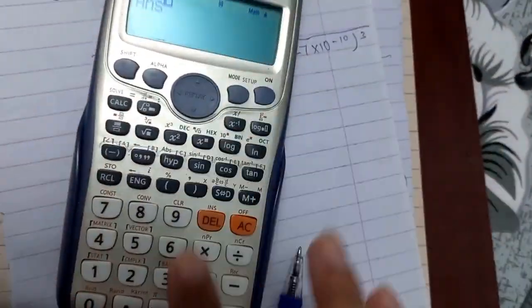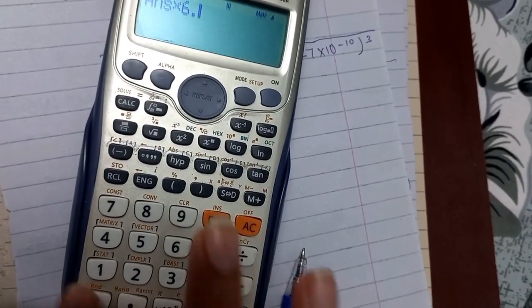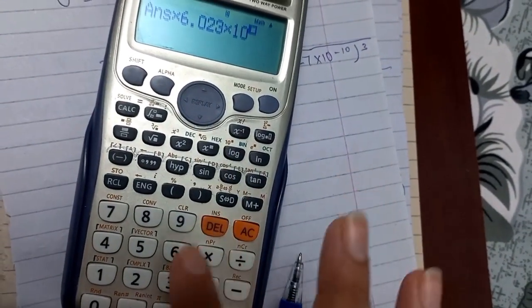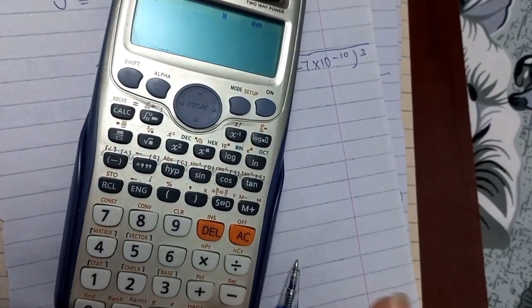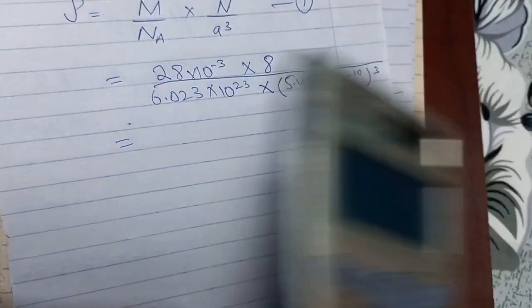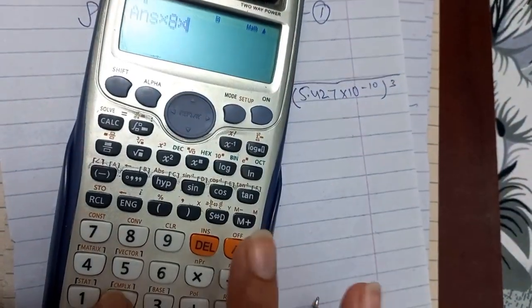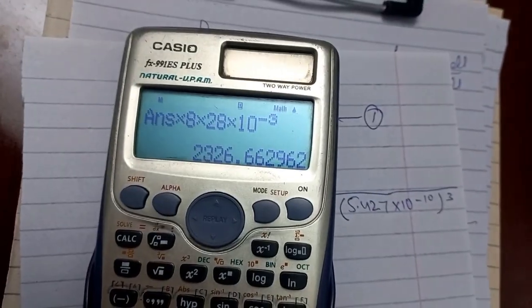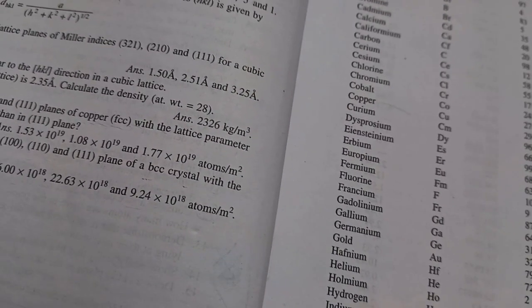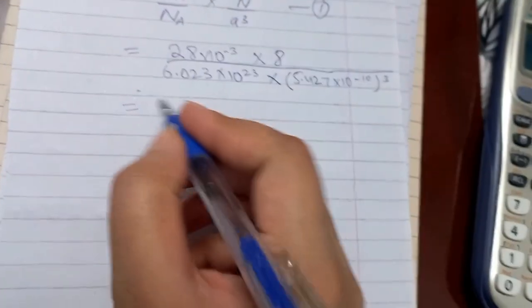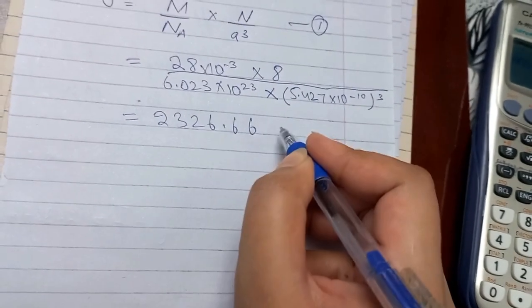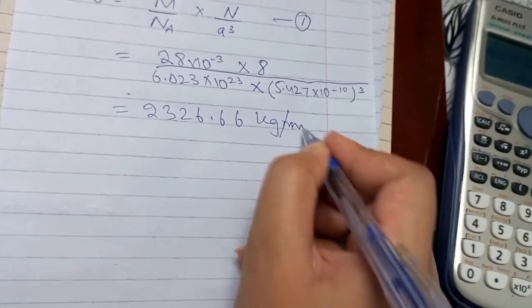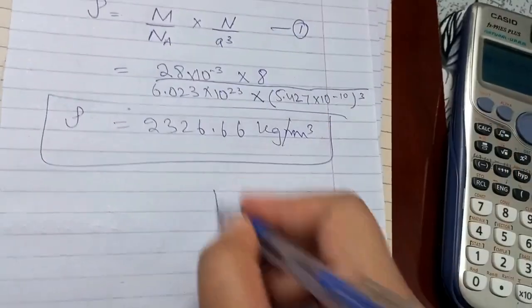And so you can see here it's 2326, the result that we wanted. You can see here this is the result, and we are done with this problem now. Kg per meter cube, this is rho, and the answer.